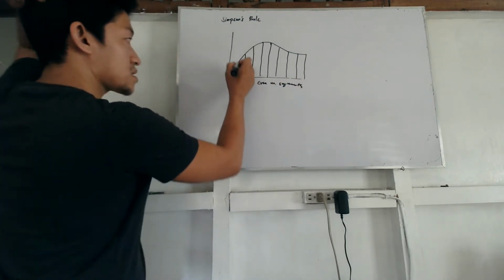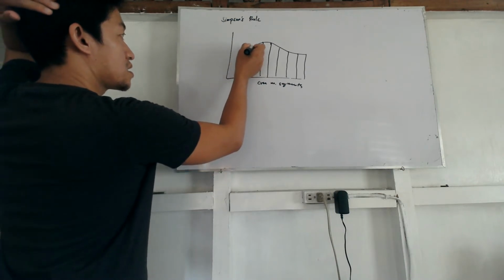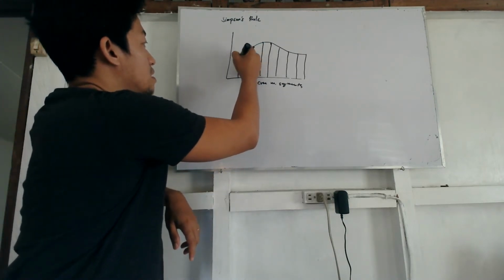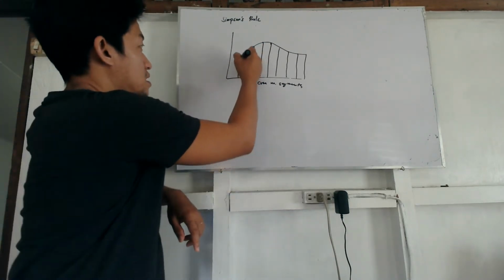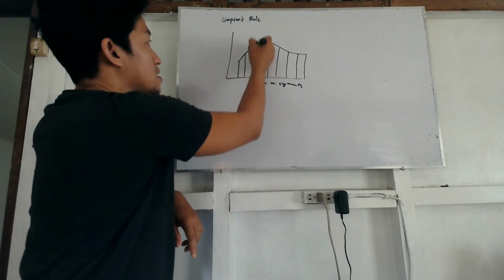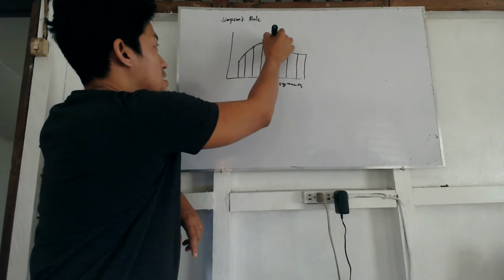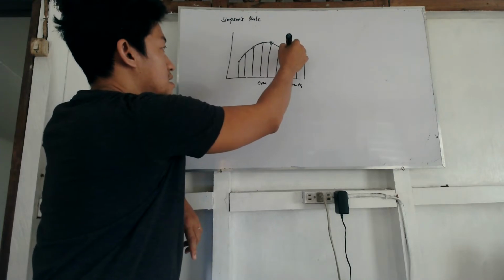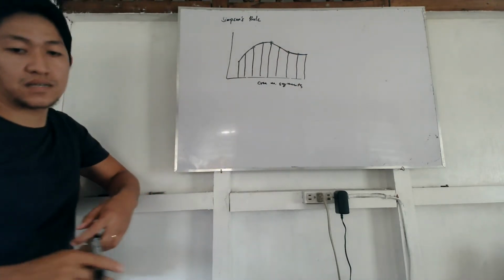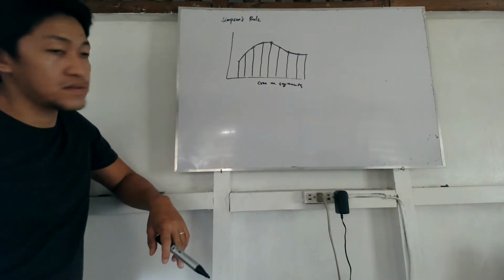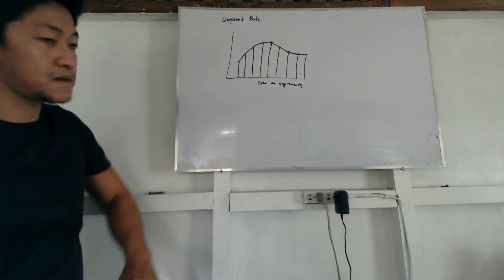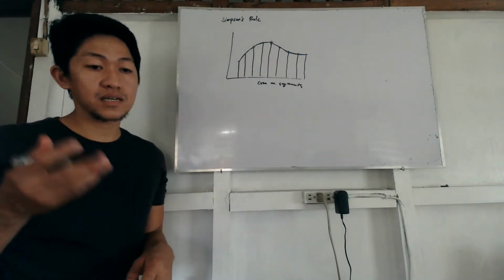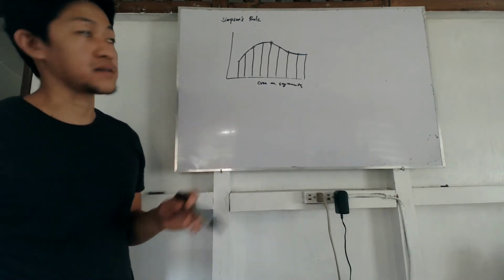Why even? Because in order to plot a parabola, you need 3 points. This one up to here is one segment, another segment to here is that one. With that, you can assume that the approximation will be much better.